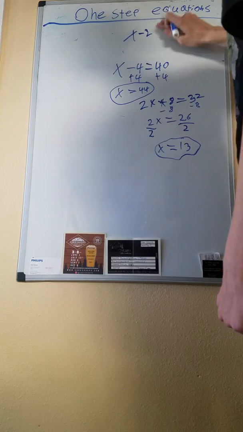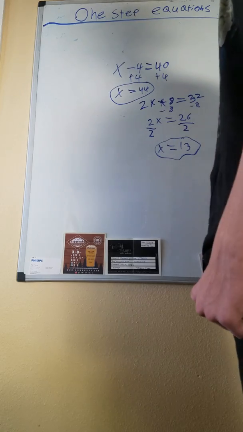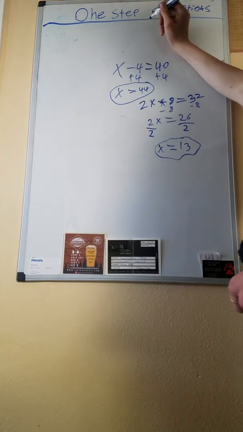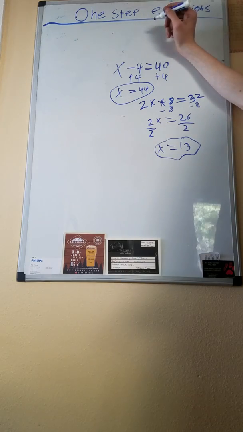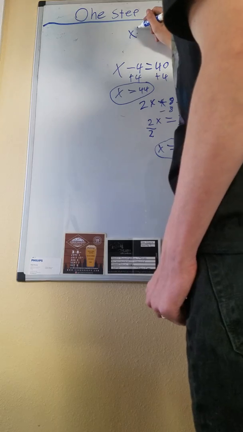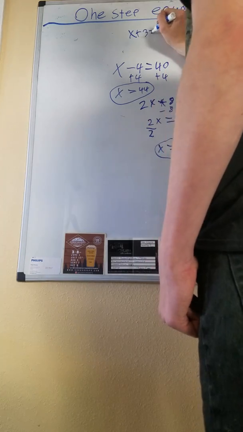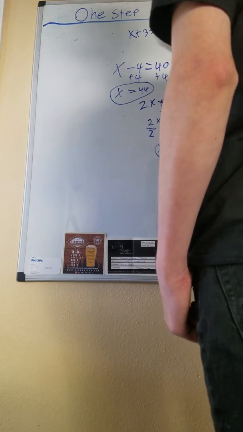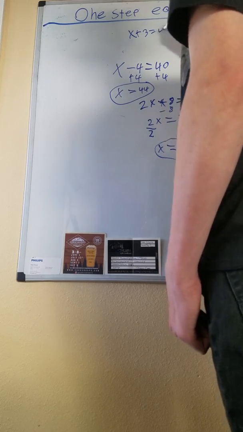Another common mistake is accidentally getting your negatives and positives confused. Say I have x plus 3 equals 4.